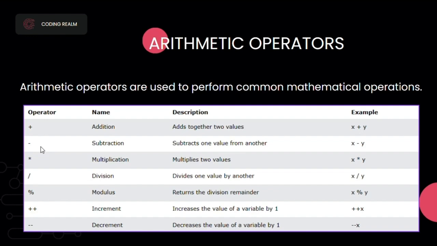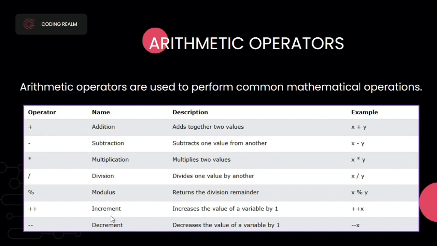It subtracts one value from another, for example x minus y. Multiplication multiplies two values, x times y. Division divides one value by another, x divided by y. Modulus returns the division remainder, x modulo y.